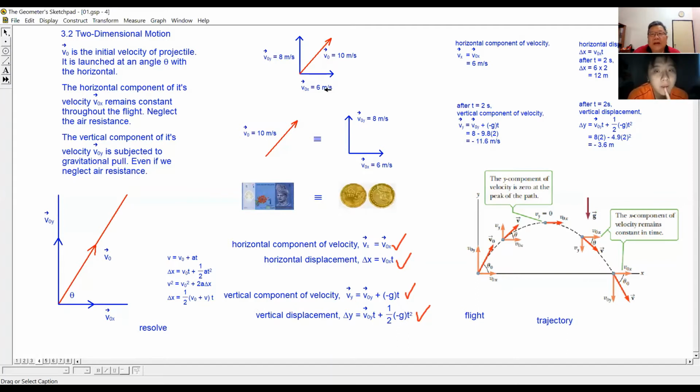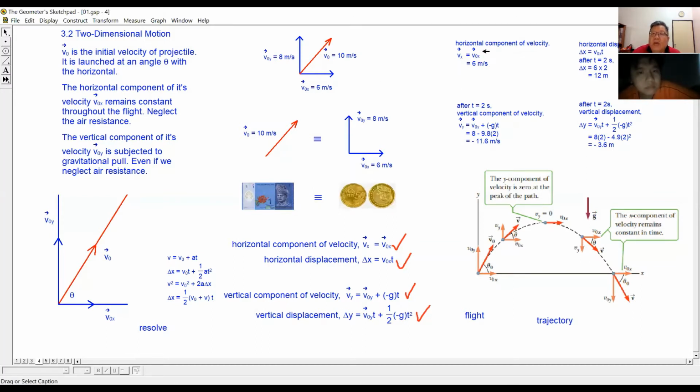So we look at the horizontal component. Now the horizontal component of the velocity is Vx, and it is the same as the initial horizontal component, that is 6 meter per second.